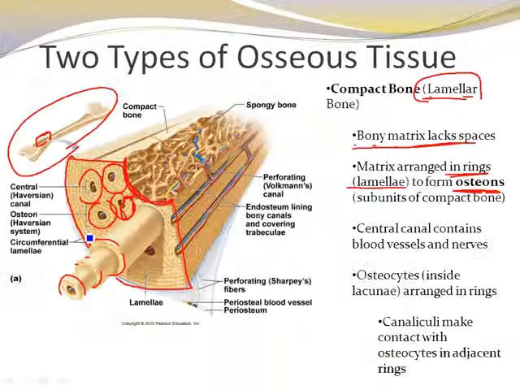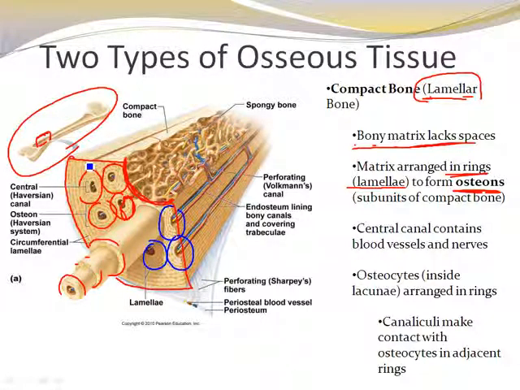And I'm going to go back again over here and notice, a lot of the compact bone is arranged in those ring-shaped osteons. And then when you get towards the very edge of the bone, you don't really have those osteons anymore. You have what are called circumferential lamellae.